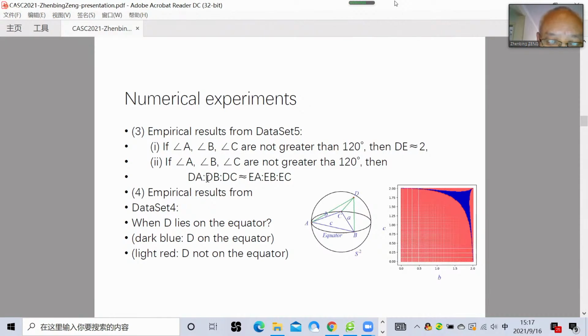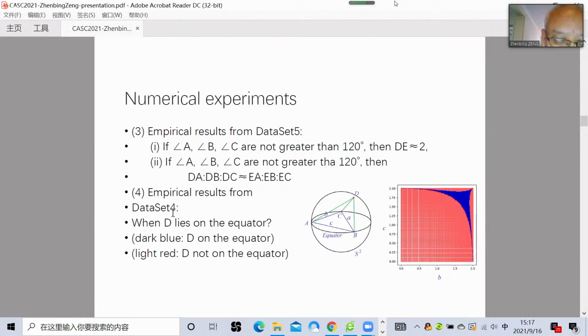The lengths of these 3 sections, dA, dB, and dC, are approximately the same. The ratios are the same. So this is also quite surprising. And in this paper, we actually have not proved these 2 results yet.